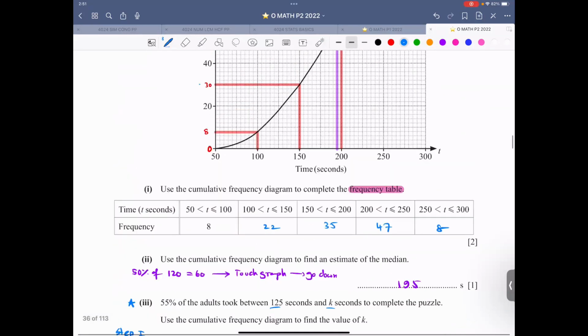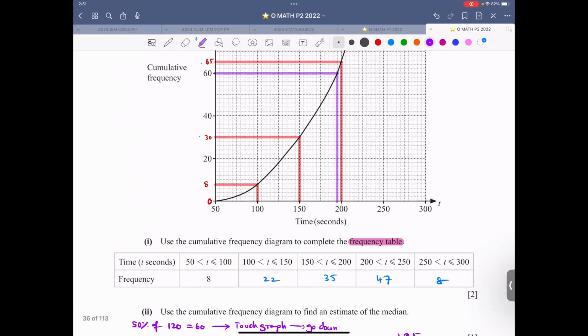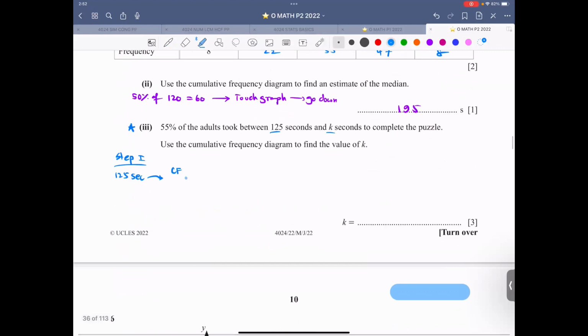So 125 is over here. Touch the graph, read off the value. It's 2 units below 20. So this value is coming out to be 18.